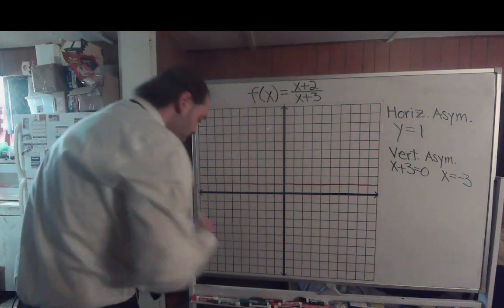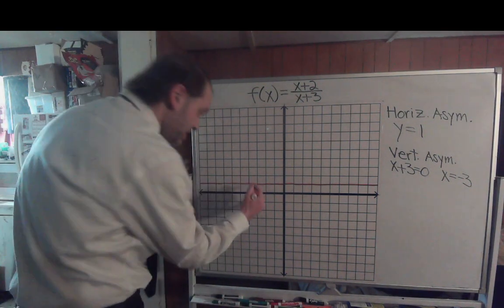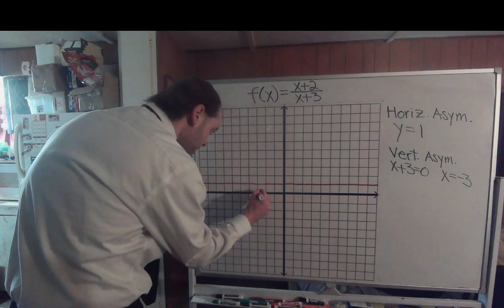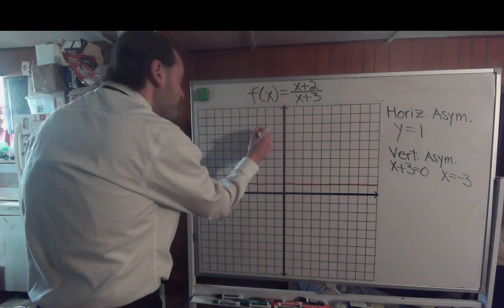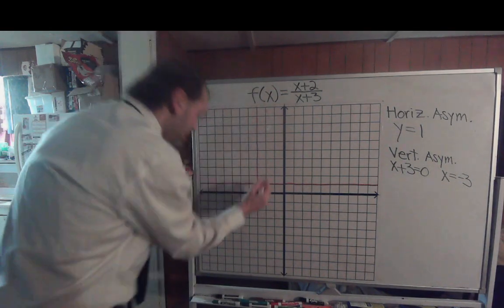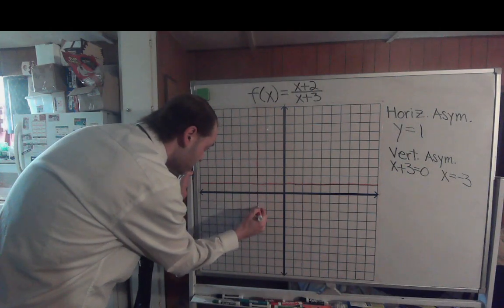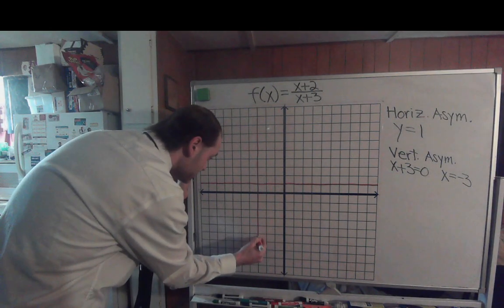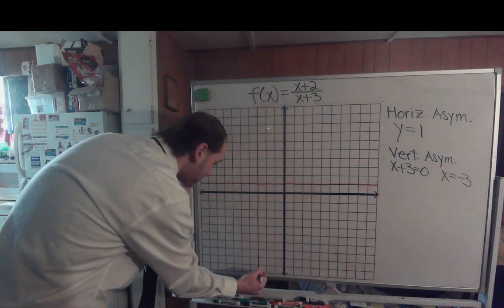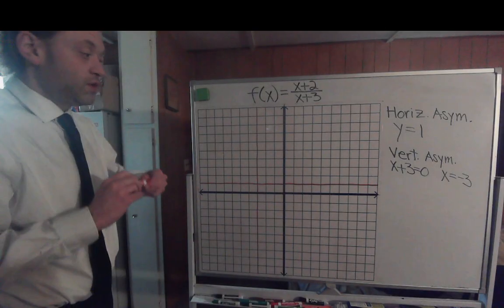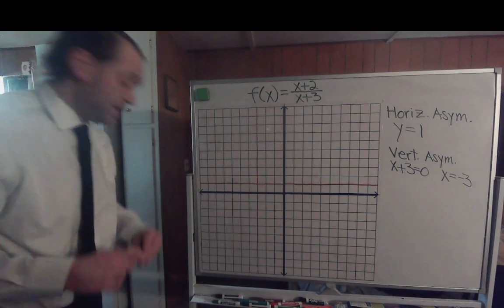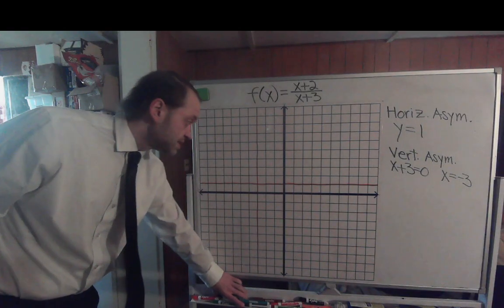So your vertical asymptote is at x equals negative 3. So that's going to be right here. So I'm just drawing that real quick so we can get a good graph of this. Alright, so now we have both horizontal and vertical asymptotes plotted. Now we can begin plotting points.